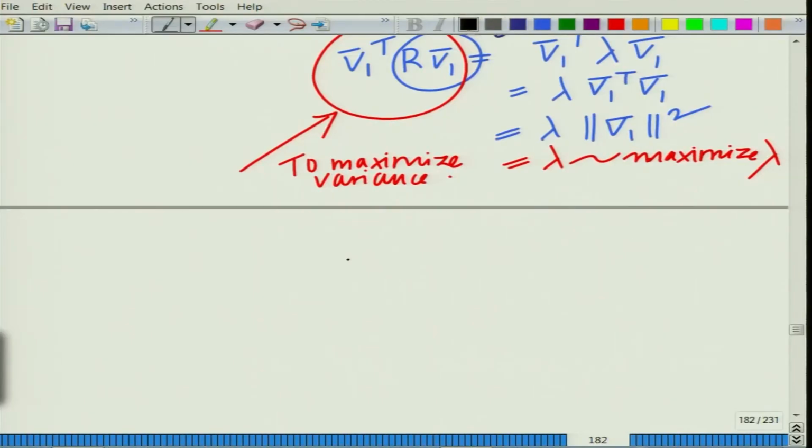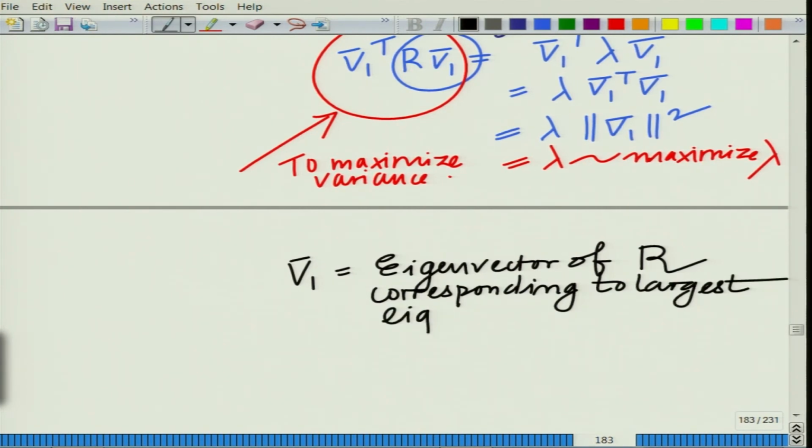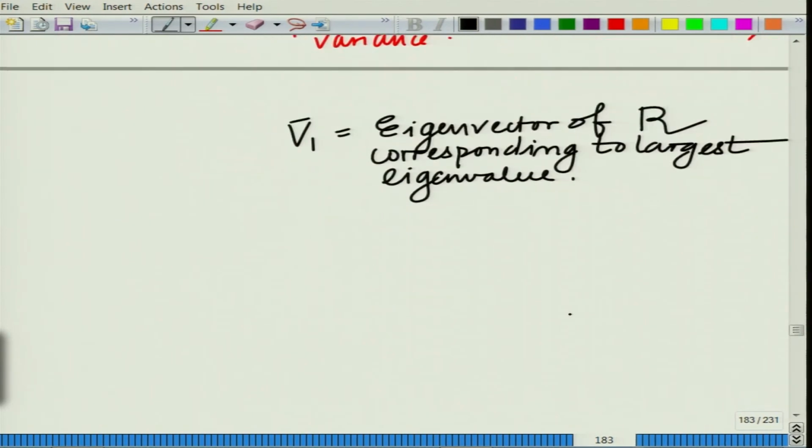So, V1 bar equals the eigenvector of R corresponding to the largest eigenvalue.